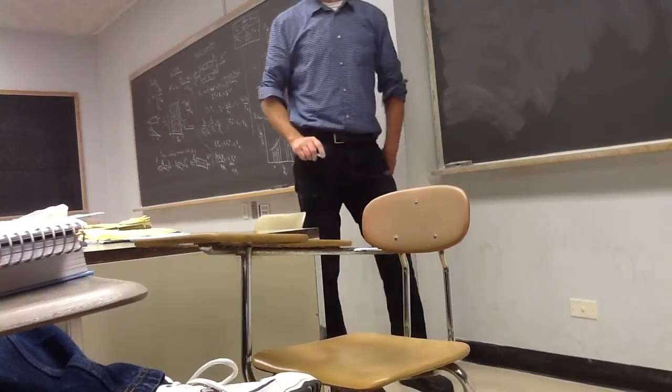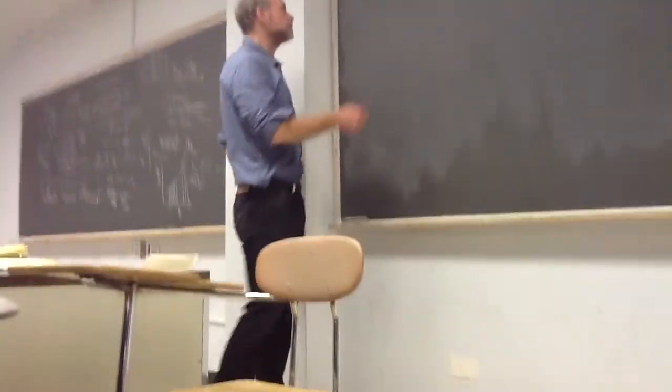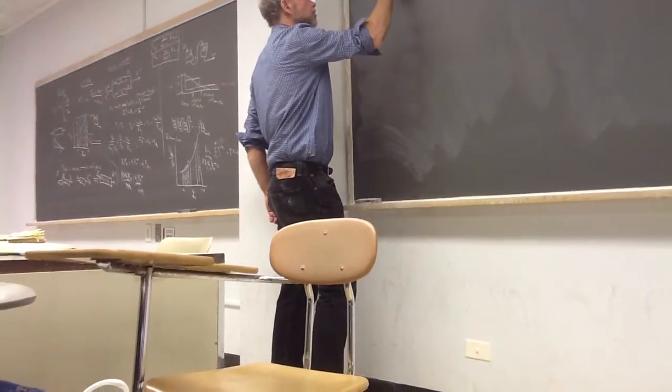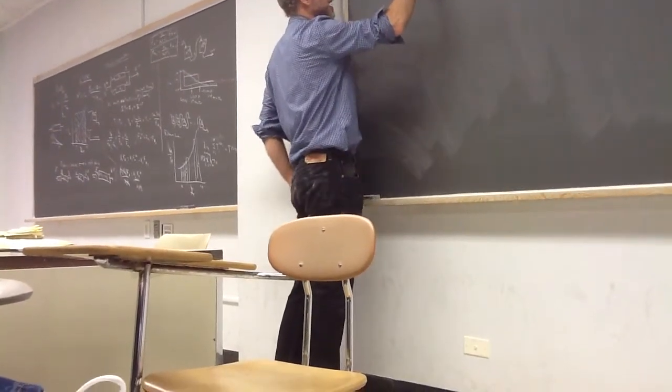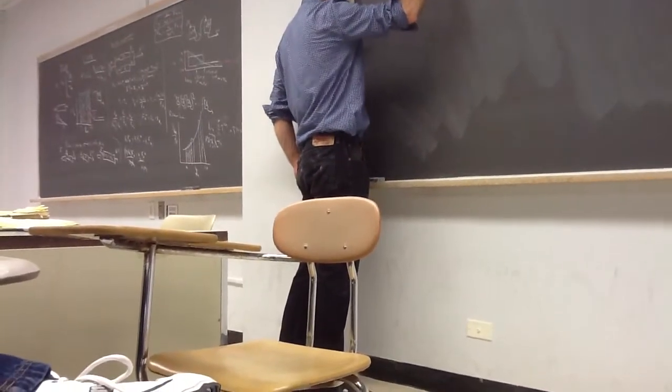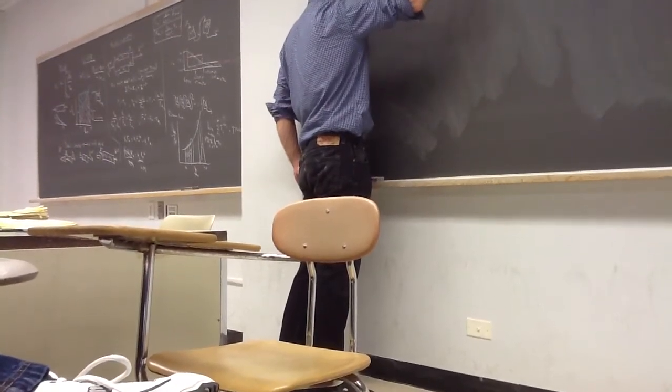We've already solved that problem. For a single CSTR, we found that C out over C in is equal to 1 over 1 plus K tau.